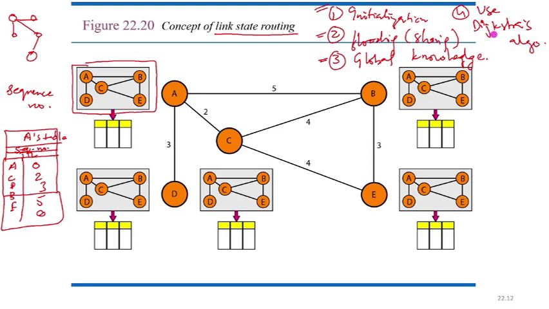It will be using Dijkstra's algorithm to find the shortest path or minimum distance. So this is the basic concept of link state routing.